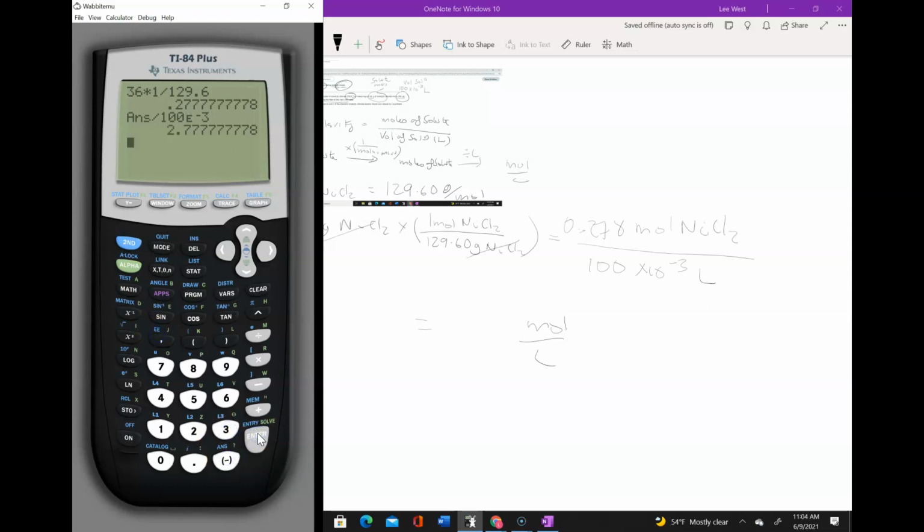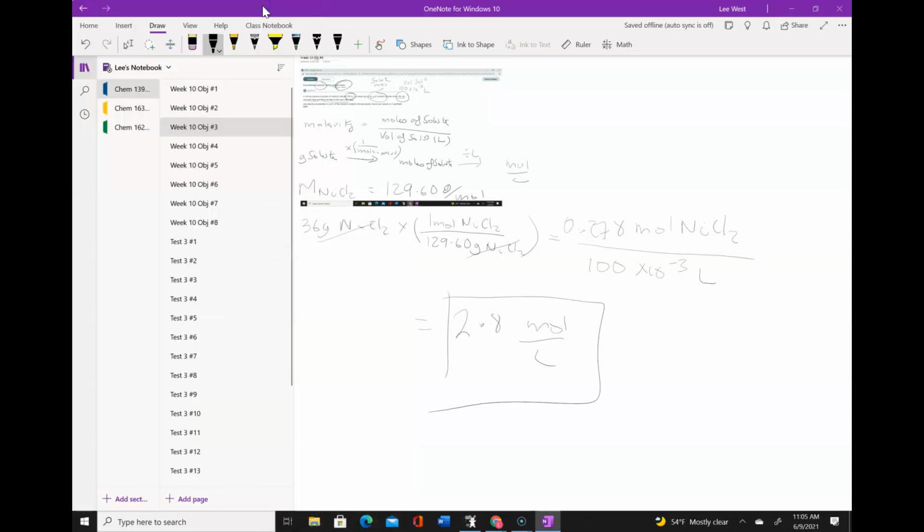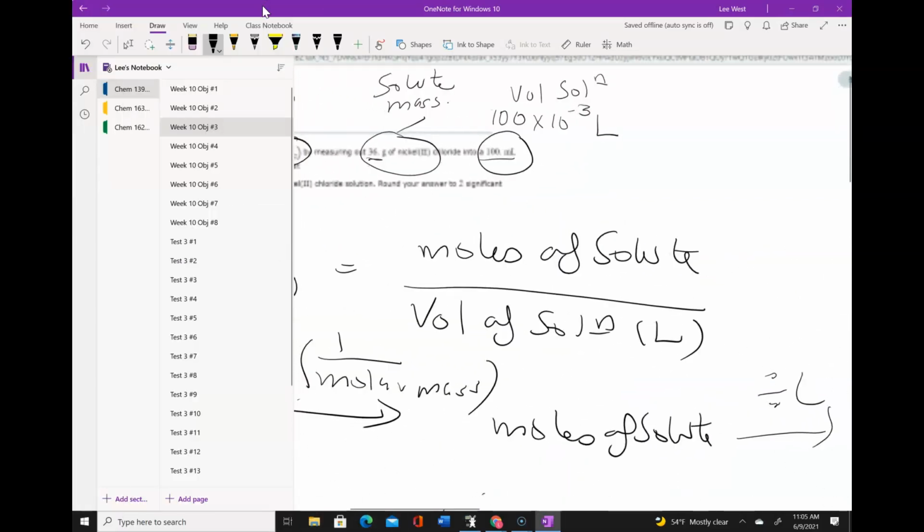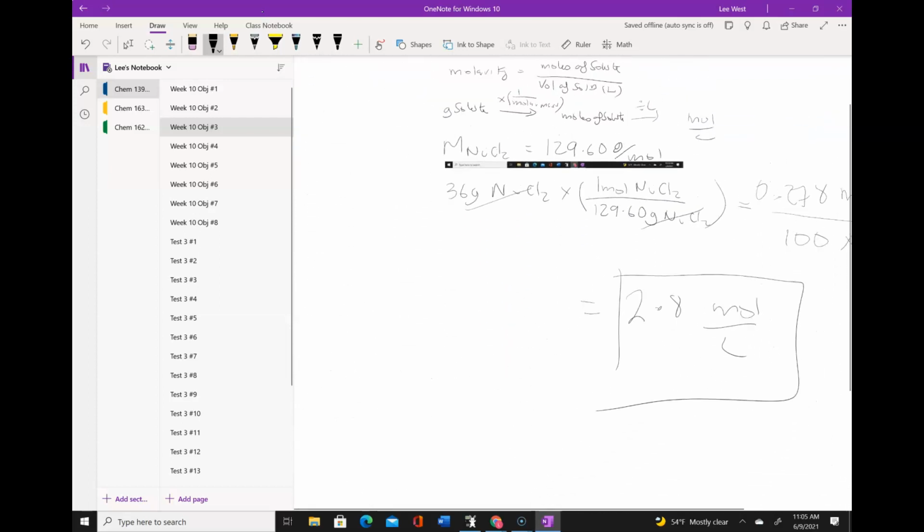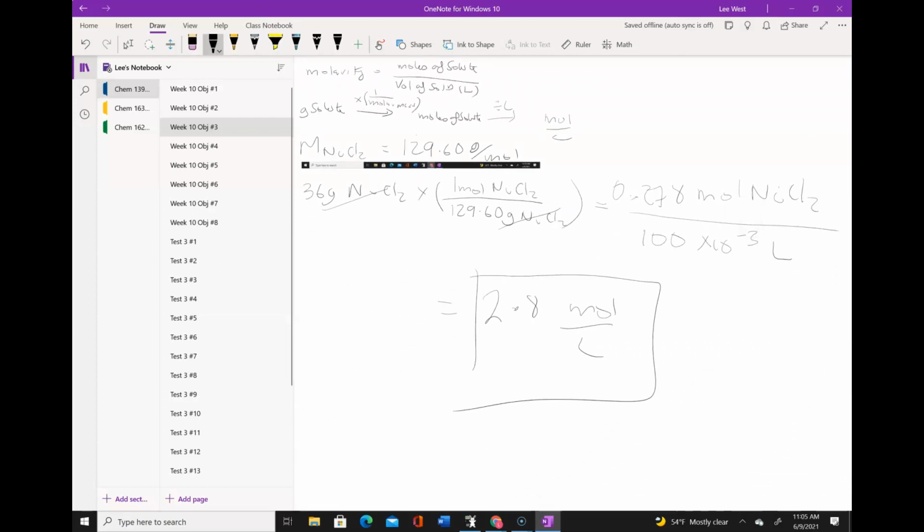There we go. So 2.8 to 2 significant figures. All right, so always double check your sig figs at the end. It says here, round your answer to 2 sig figs, so we know we got it right. Units are correct, moles per liter. Okay, let's move on.